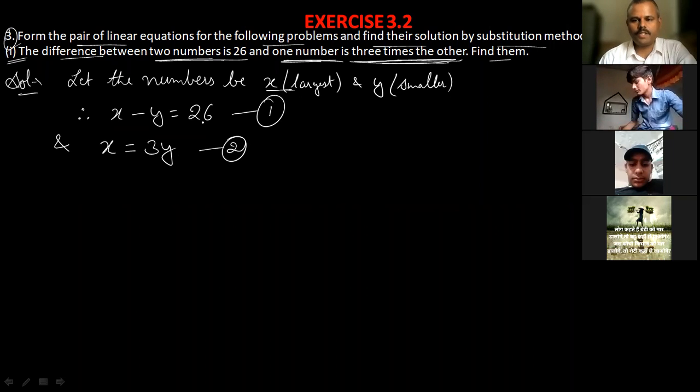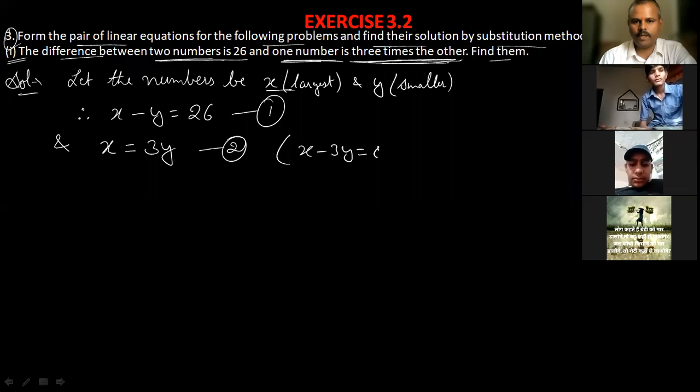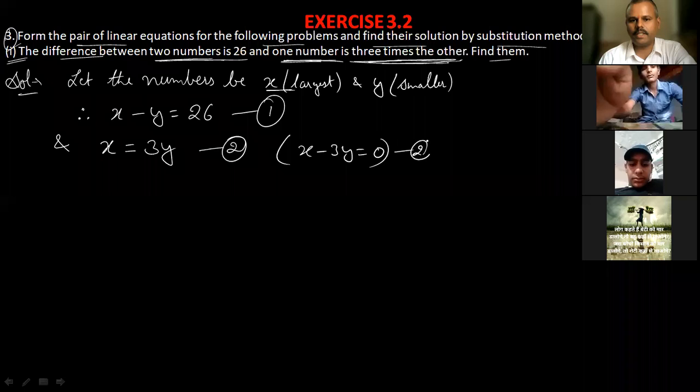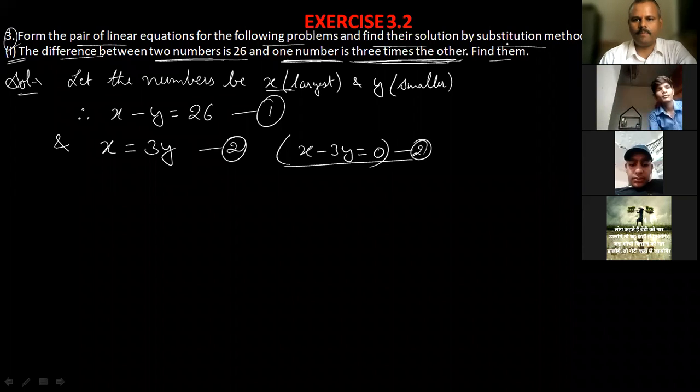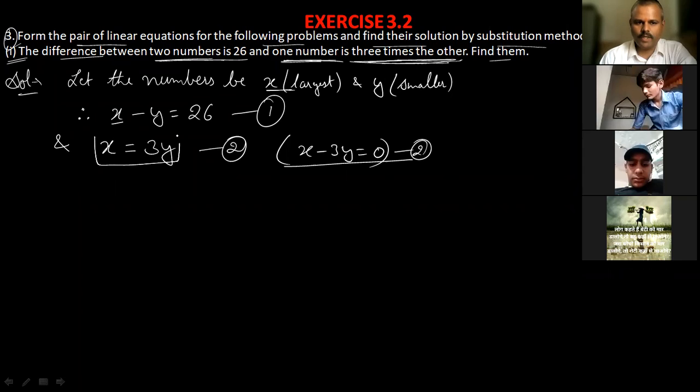Solving these two equations you have to find out. Now this x equals 3y, if you want to write it, you can write it as x minus 3y equals 0, making it the second equation. And then the same substitution method. What we do, from one equation we take the value of x and substitute in the other one. So here already in this equation you have the value of x.